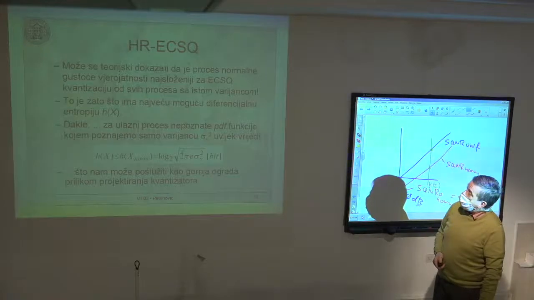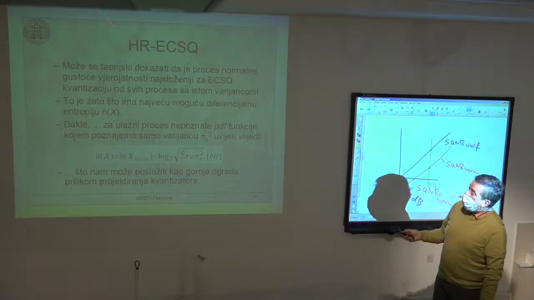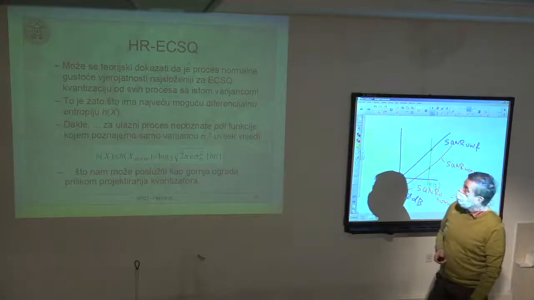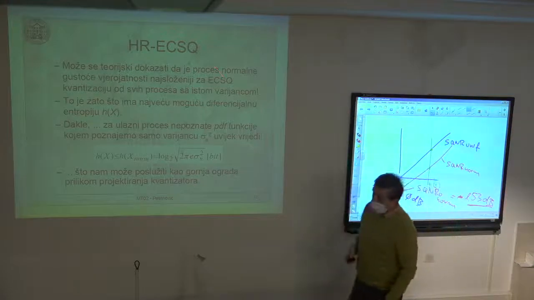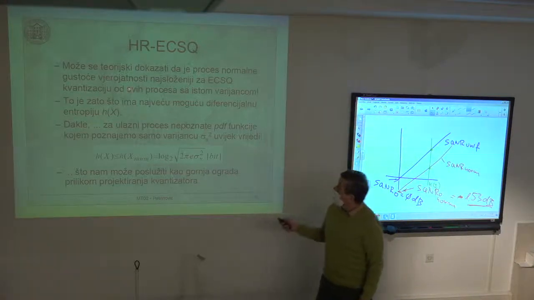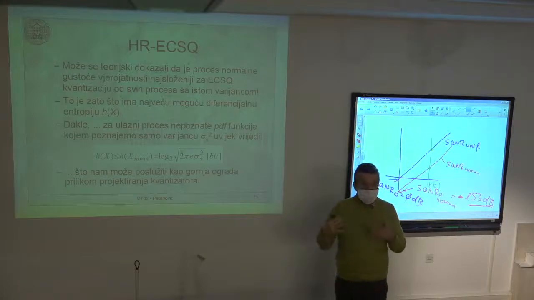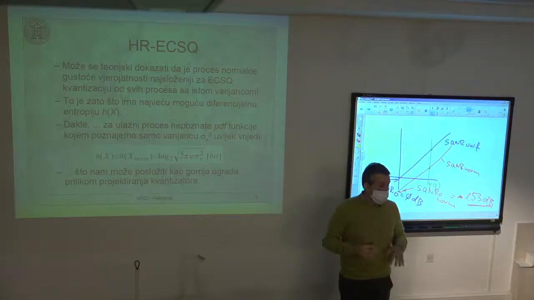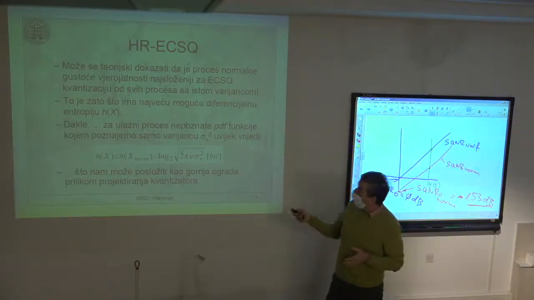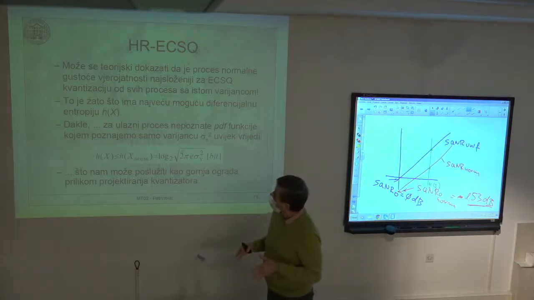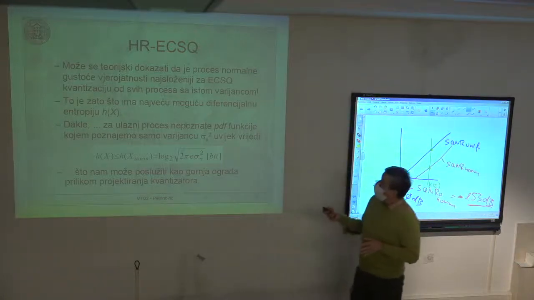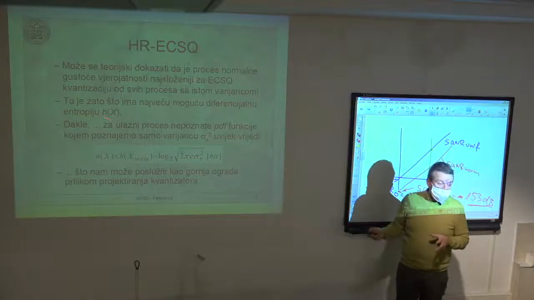Okay, finally, it can be theoretically proven that the normal distribution process is also the worst possible, the most complex process in regards to efficiency of entropy constraint scalar quantization. Of all the processes, this normal distribution is the worst. Why? Because it has the highest possible differential entropy.